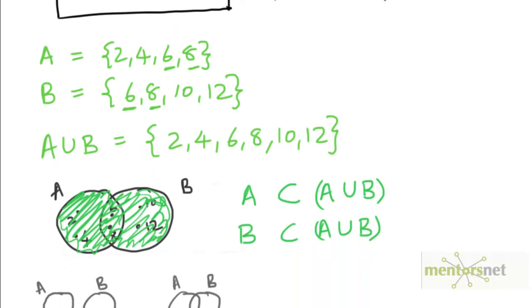Let's look at the second example where there was a partial overlap between the sets A and B. In this case, the intersection of A and B would be the elements that are common to A and B, which were the two elements 6 and 8.